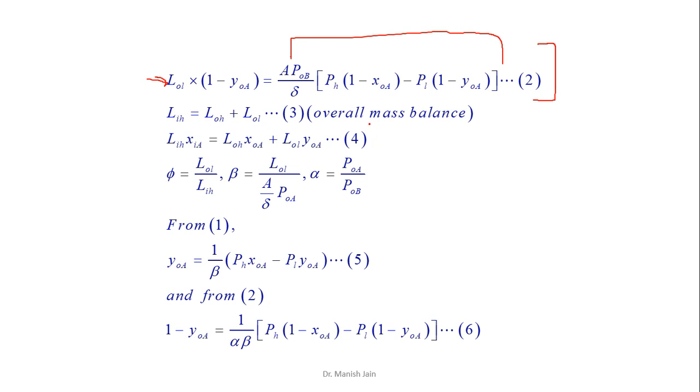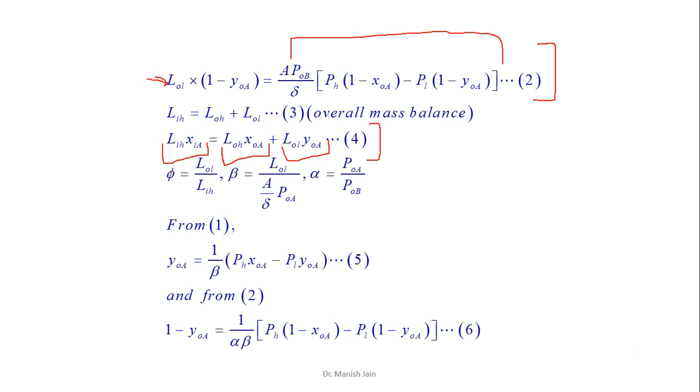Now we can write the component balance for component A. The amount of component A that enters from the feed inlet is LIH multiplied by XIA. The amount of A that comes out from the product stream is LOL multiplied by YOA, and the amount of A that comes out from the rejected stream is LOH multiplied by XOA.